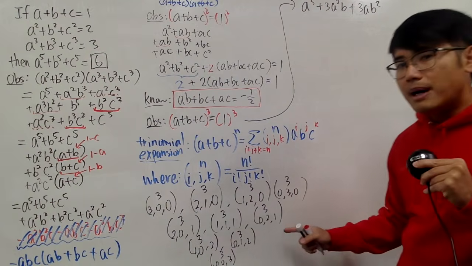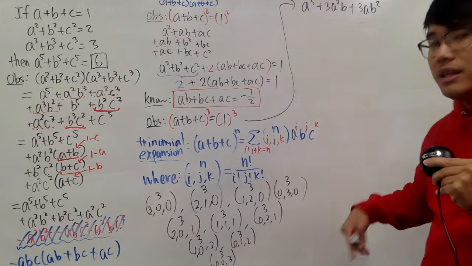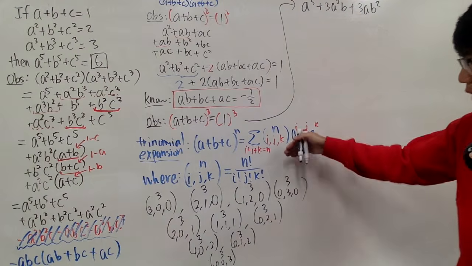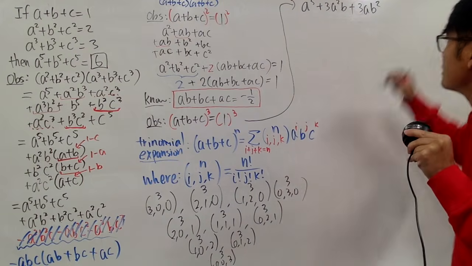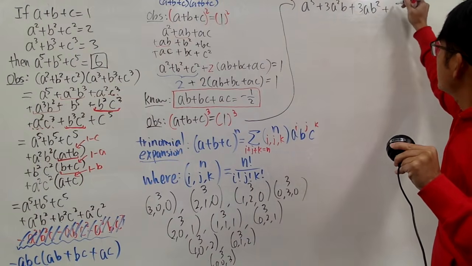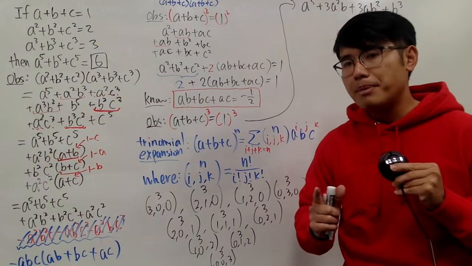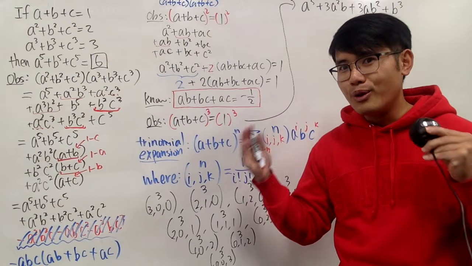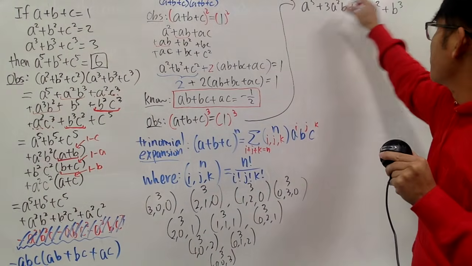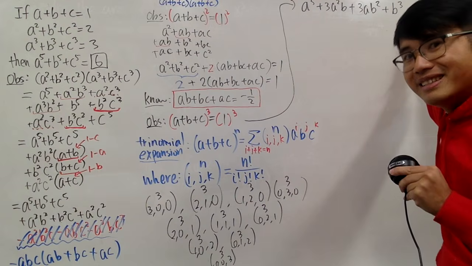This right here corresponds to b to the third power, and 3 factorial divided by 3 factorial, you get 1. So I will just put this down right here, and then we plus b to the third power. And this right here should remind you guys about the usual binomial expansion, a plus b to the third power.